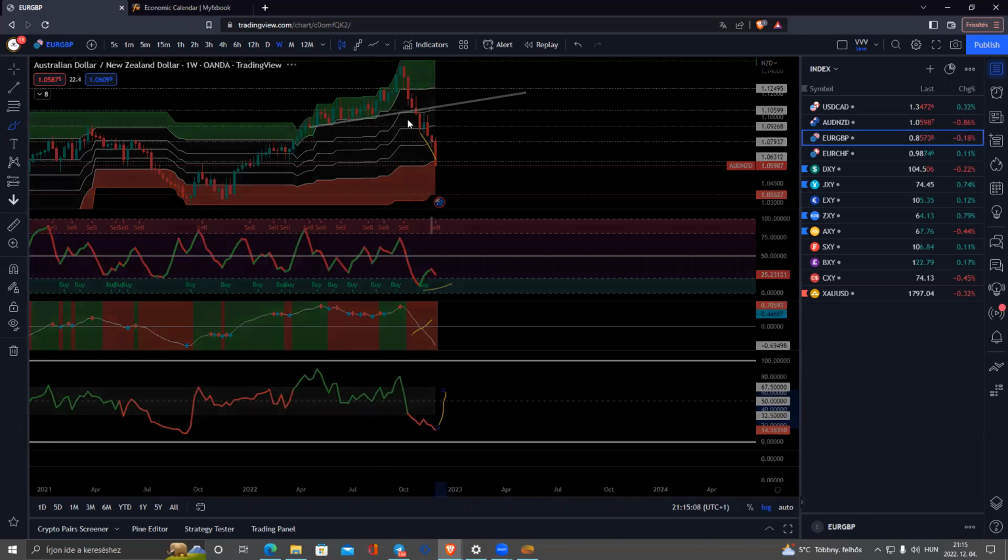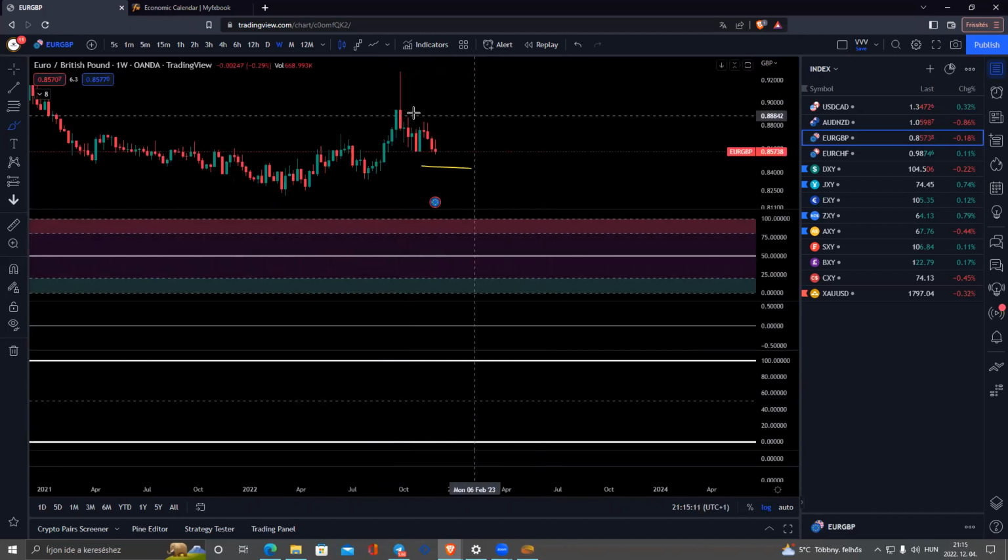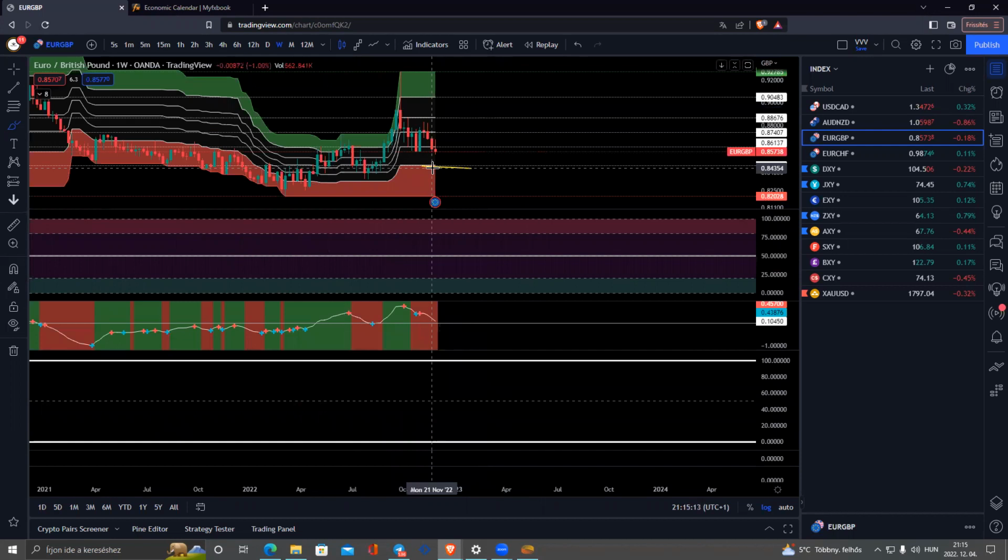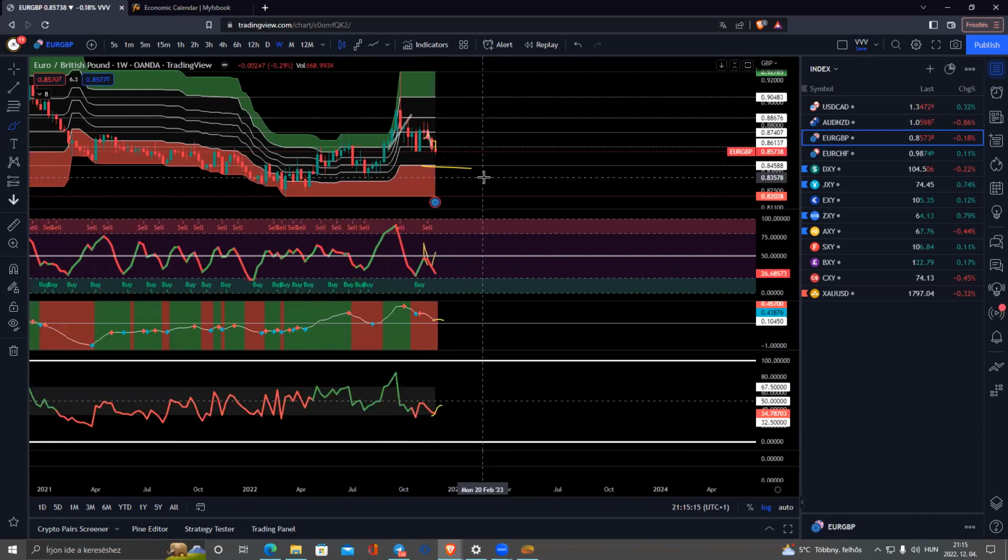Okay, EUR GBP. That's not much actually. I drew this here. Want to see the price come here. Didn't change much actually because it was first an up and then a down move.